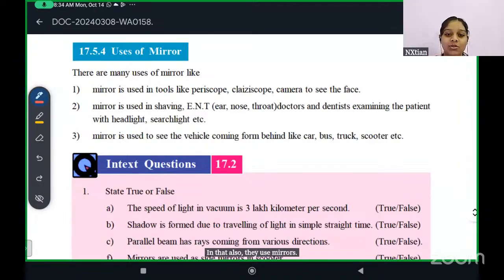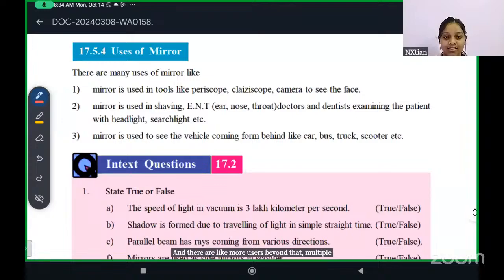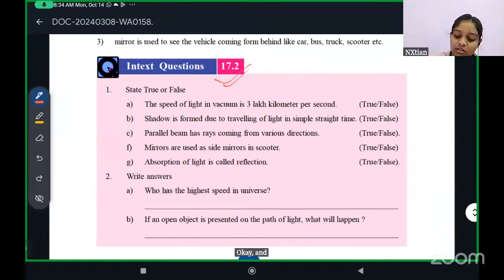They use lights also. Okay, then mirror is used to see the vehicle coming from behind, like car, bus, truck, scooter, and all. Okay, and there are multiple uses of mirrors. Okay, then 17.2 is the homework.